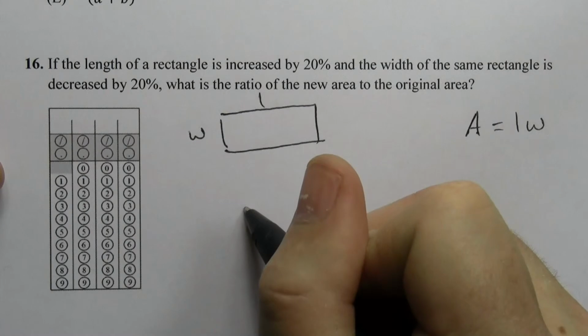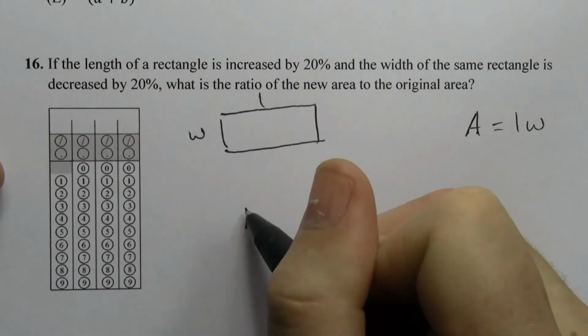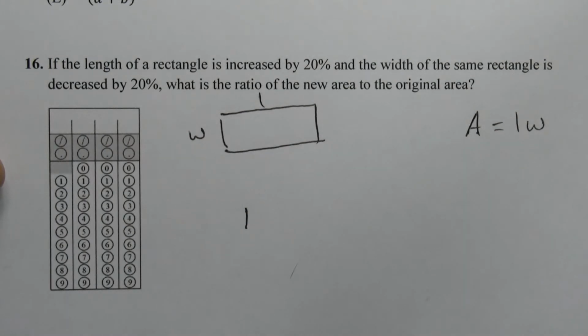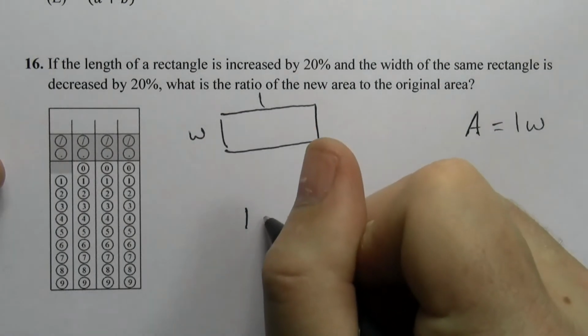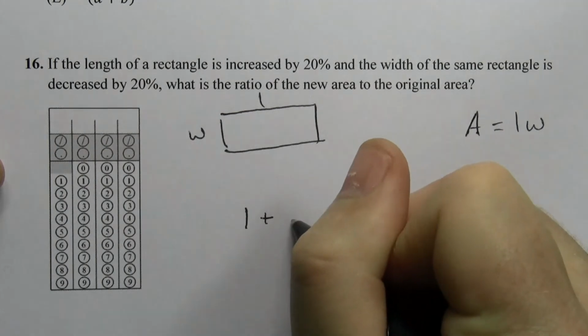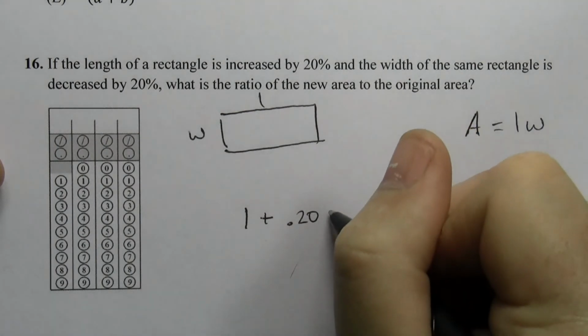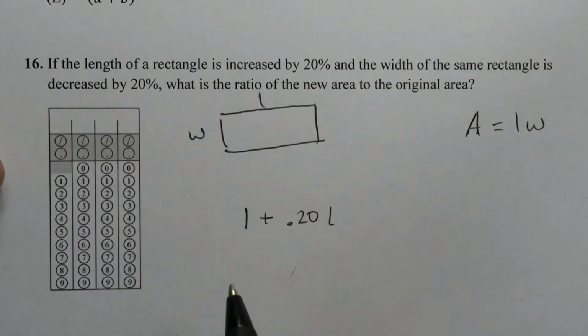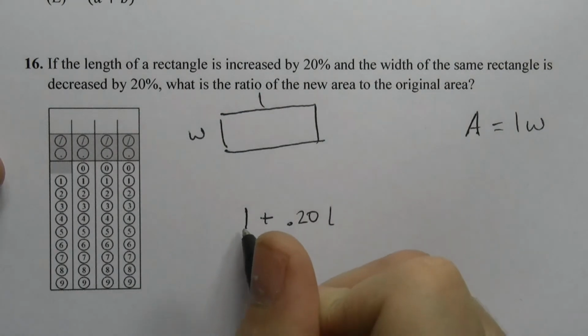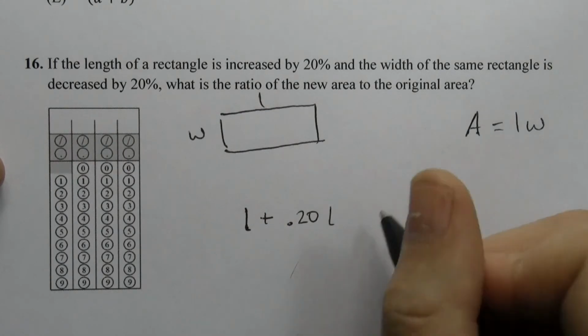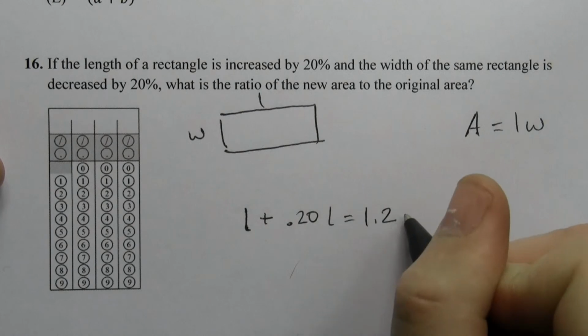Well, if the original length is L, and you're increasing it by 20%, it's 20% of L, right? So it's increased by 20%, 20 over 100, whatever you prefer, of L. It's 20% of itself. So it's L plus 0.2 L, and that's going to equal 1.2 L.